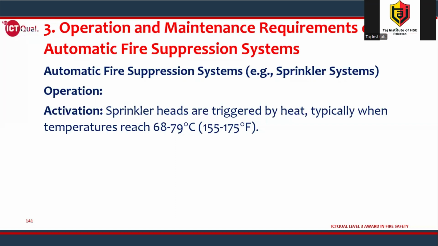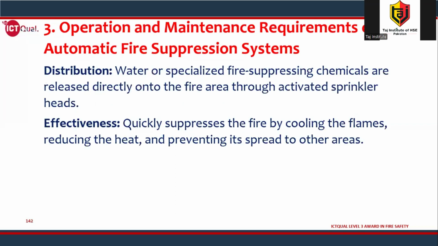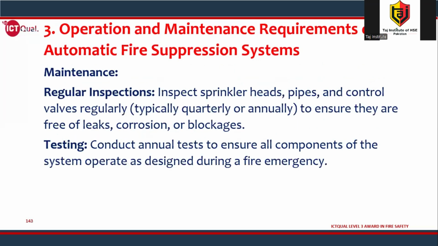So these are the limits for the sprinklers. Distribution: water or specialized fire suppression chemicals are released directly onto the fire area through activated sprinkler heads. Effectiveness: quickly suppresses the fire by cooling the flames, reducing the heat and preventing its spread to other areas.